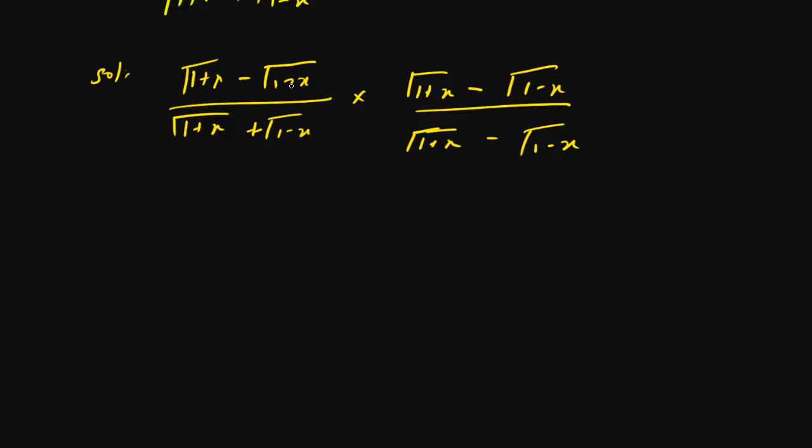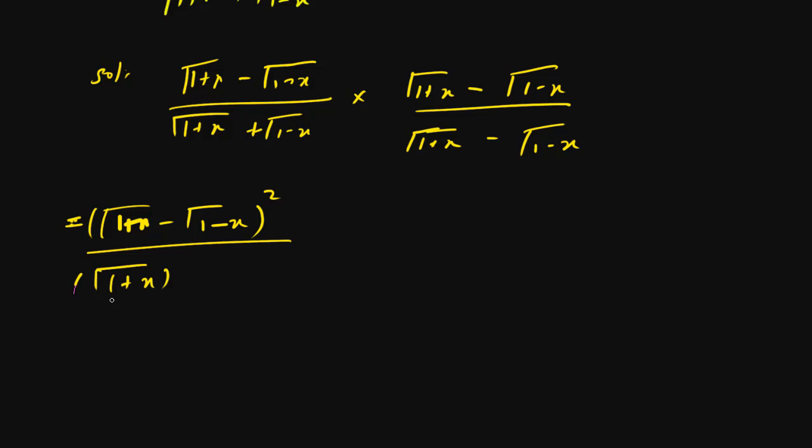We write the equation: in the numerator we have the square root of 1 plus x minus the square root of 1 minus x, whole square, and in the denominator we use a square minus b square, the square root of 1 plus x squared minus the square root of 1 minus x squared.